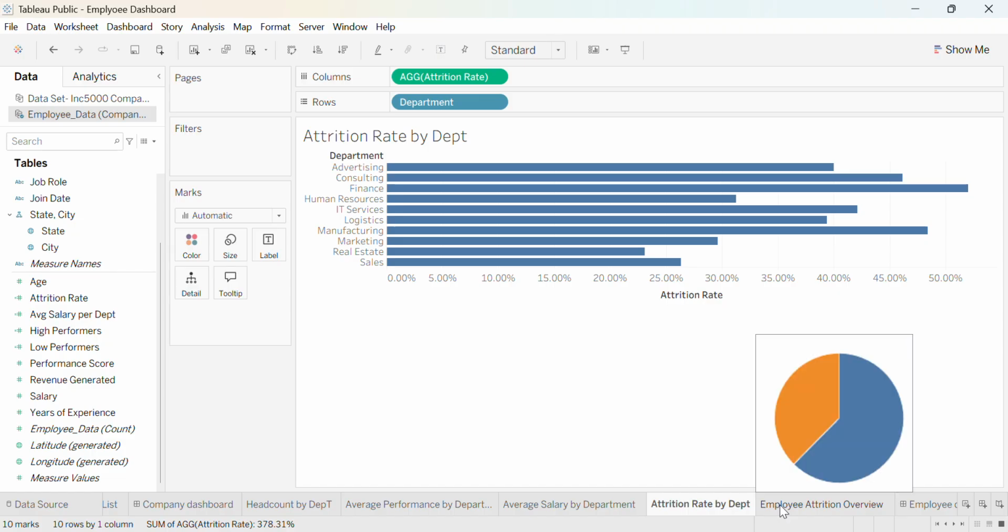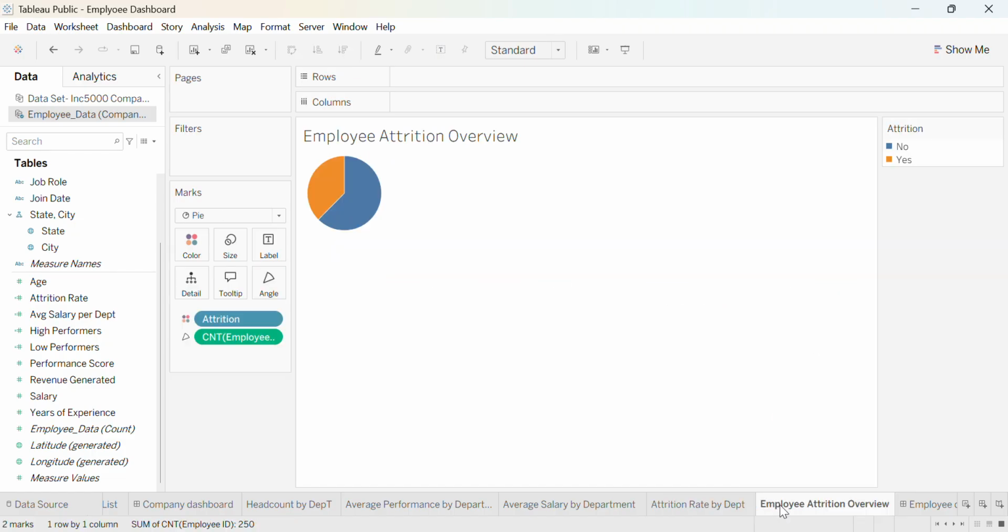Next, the fifth chart is the employee attrition overview pie chart. This pie chart gives the organization-wide attrition picture across the entire company. 35% of all employees have left, shown in orange, and 65% of employees are retained, shown in blue. An overall attrition rate of 35% is more than double the industry average of 10 to 15%.